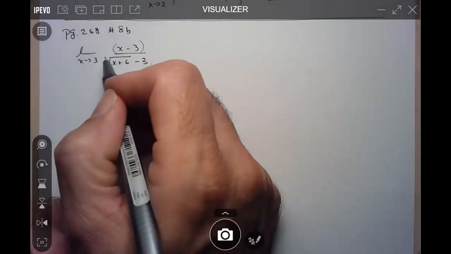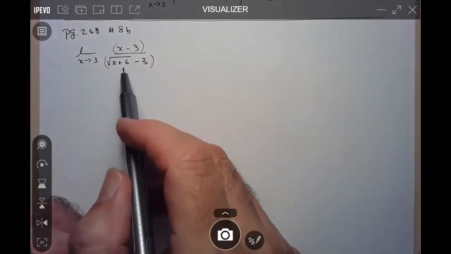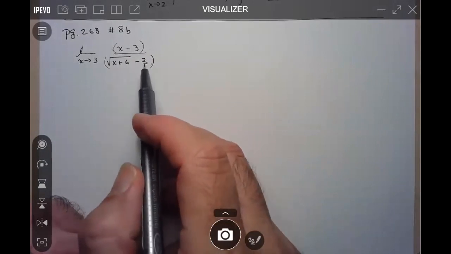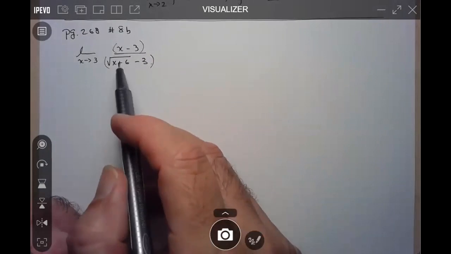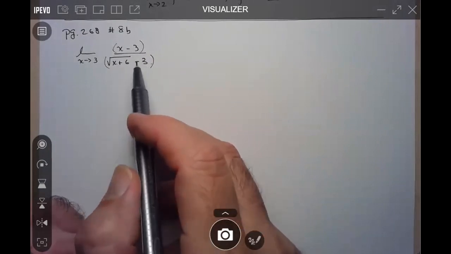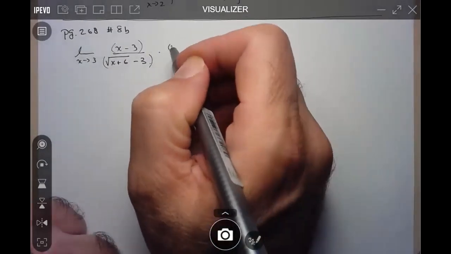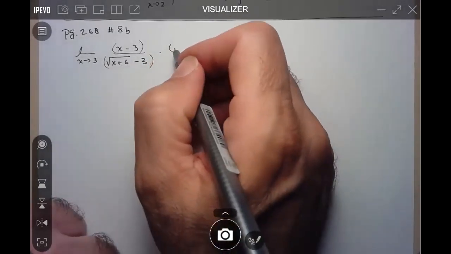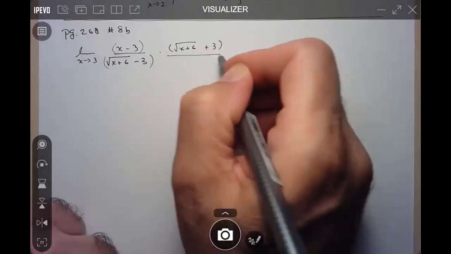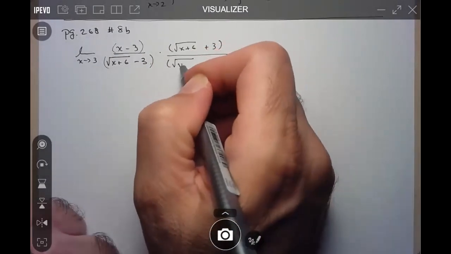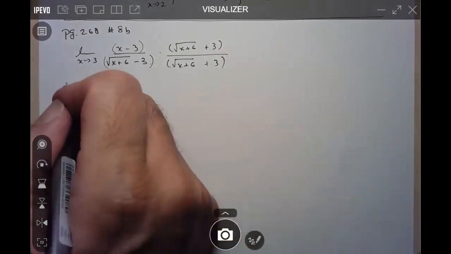By now, it should be your go-to when you see an expression with 2 terms, and one or both of them have a square root. So I'm going to multiply both top and bottom by the conjugate, so it's going to be root of x plus 6 plus 3 over root of x plus 6 plus 3. And we'll see where that takes us.